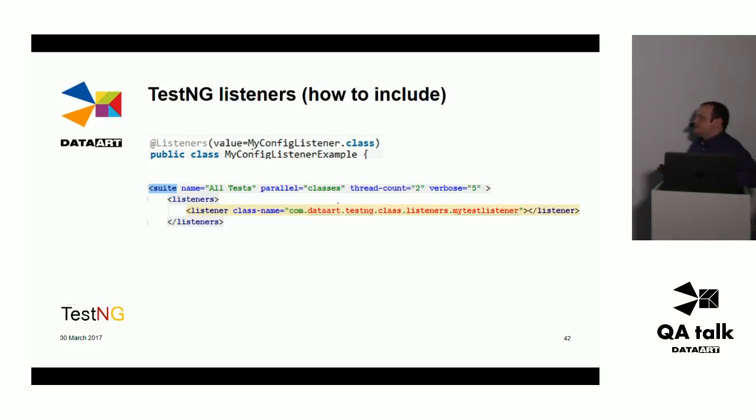But it is not so, because the listener would be added to the whole test suite. So if you added it once in one class and you executed all tests, the listener would be added to every test class. So this is a very important thing about listeners in TestNG.